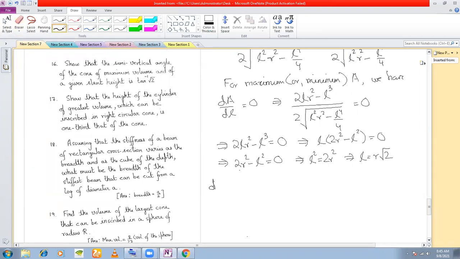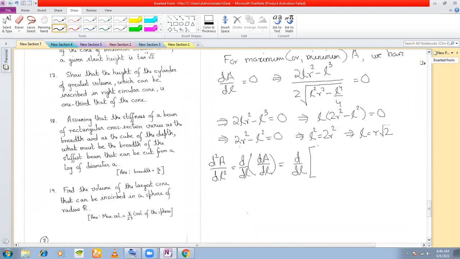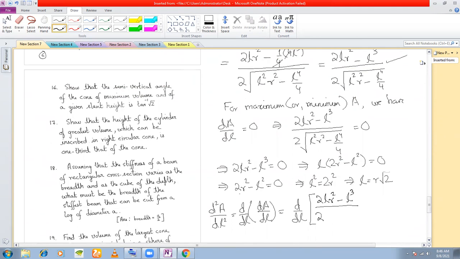So d2A/dL2, d/dL of dA/dL, which is equal to d/dL of, now this is a little difficult to differentiate, a little long to differentiate. dA/dL, if you see, we have found here, is 2L R square minus L cube divided by 2 root L square R square minus L to the power of 4 by 4.